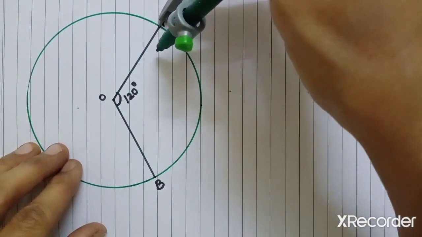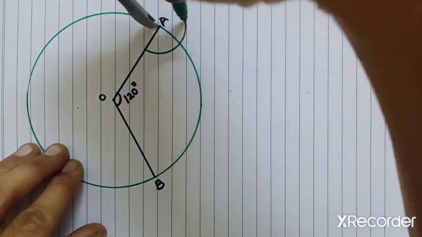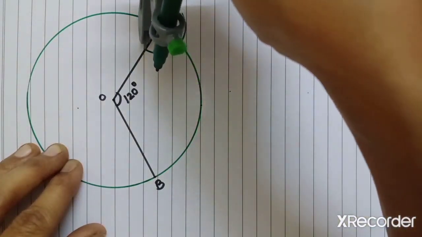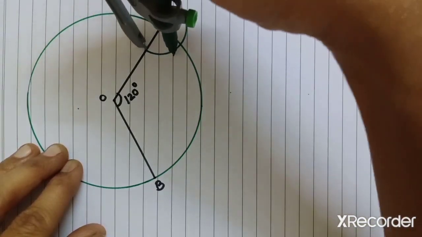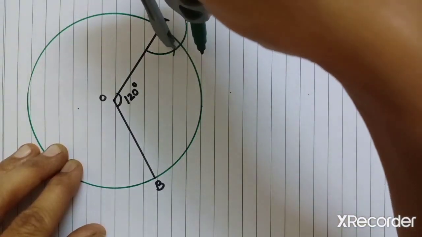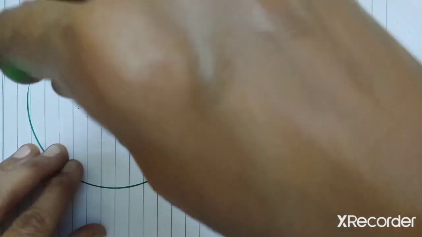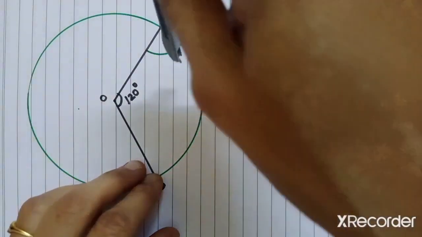Keep the pointer at A. Draw one arc. Now without disturbing this, this is your 60 degree first arc. Now here you keep, this is your 120 degree. Now you bisect this distance.